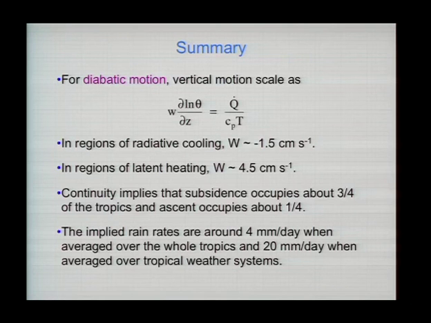If you go and look at Charney's paper, he goes on to do this analysis. He goes on to show that the large-scale motion in the tropics, and there wasn't a number for the mid-latitudes or the very large scales in the tropics, shows that the tropical atmosphere is open.